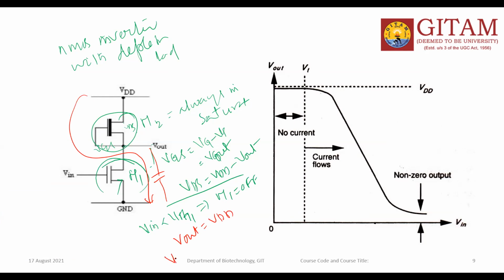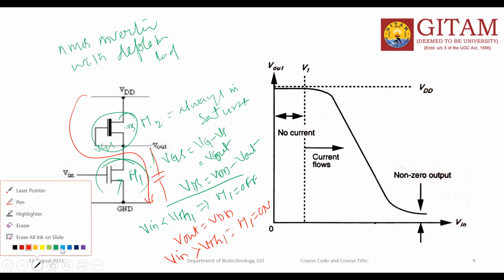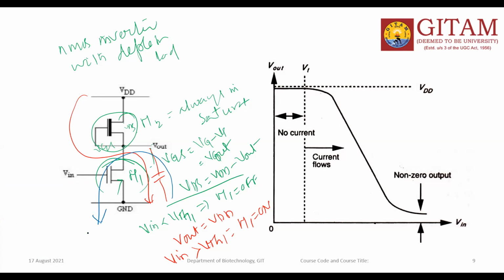Similarly, whenever V in is greater than VTH1, M1 is on. The voltage charged across the capacitor discharges via the M1 transistor, because it forms a low resistance path.